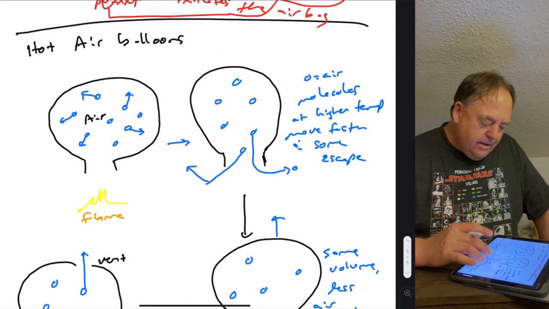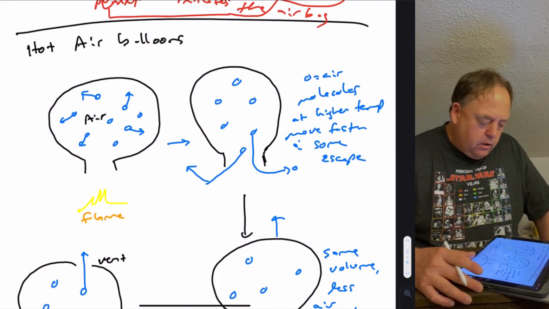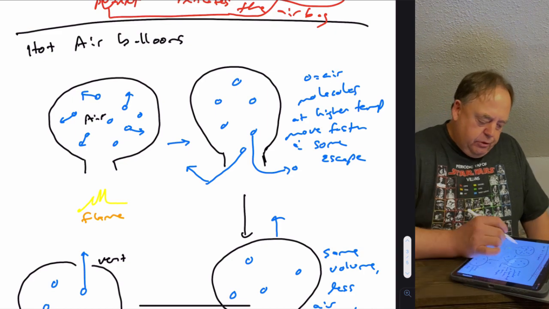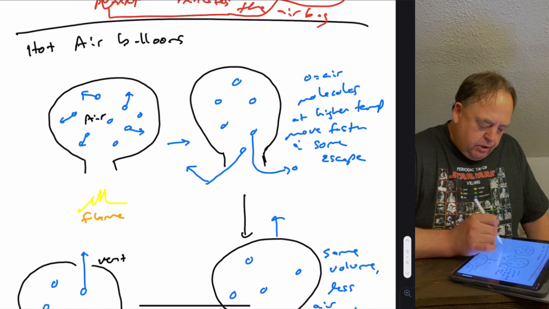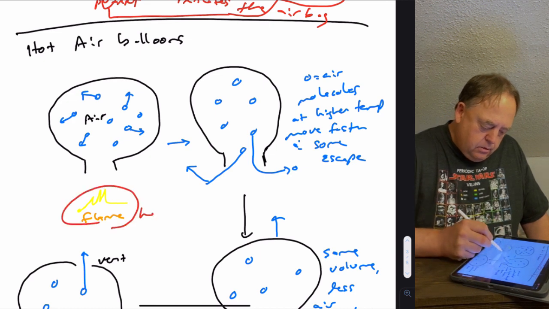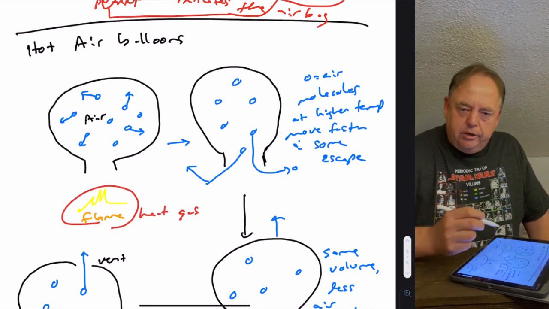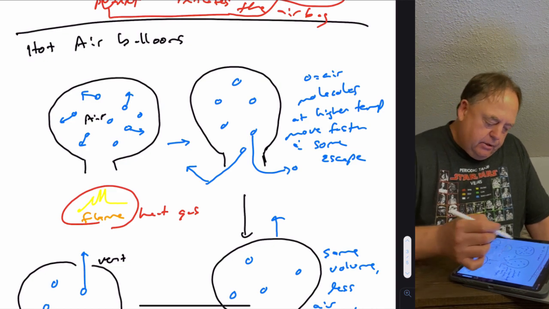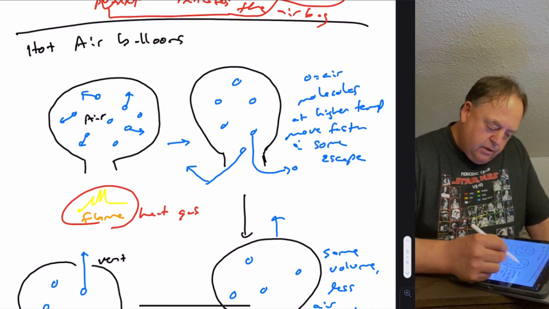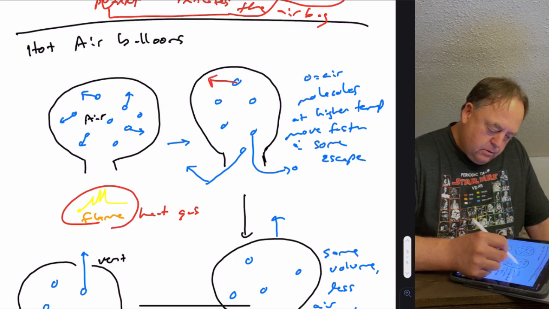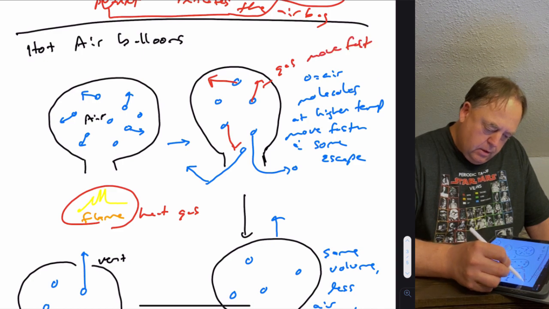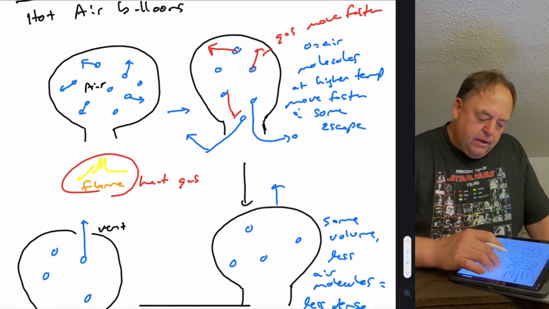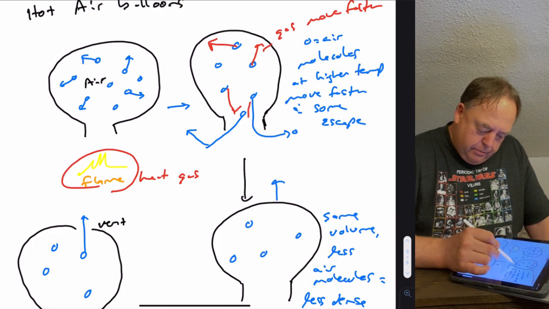Okay, and then lastly, gas laws are relevant to how hot air balloons work. If you have a balloon, you have air molecules inside that balloon, and then you heat it up. When you heat the gas, the gas molecules start moving faster, and then some of the gas molecules escape from the balloon.